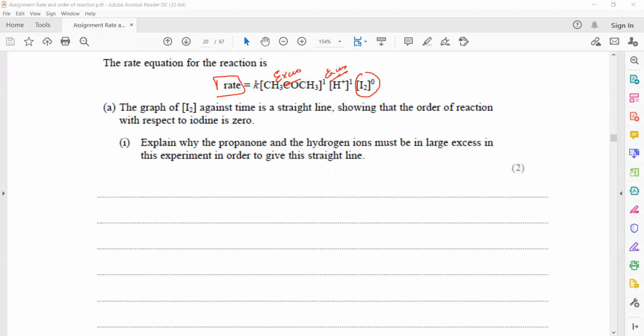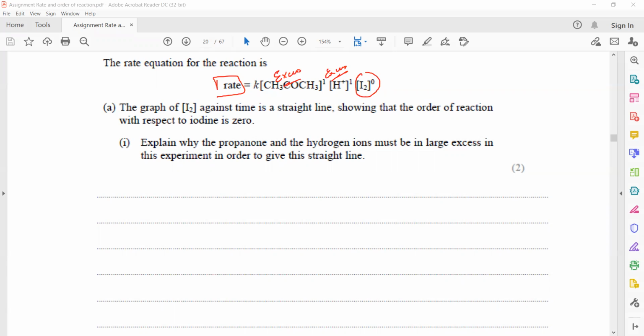We are finding the effect of the change in concentration of iodine on the rate.